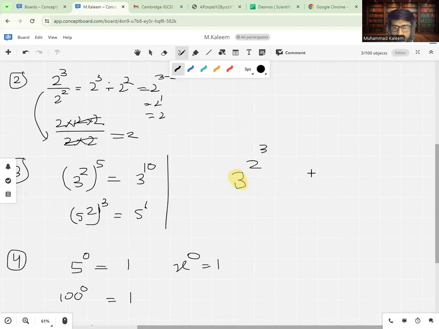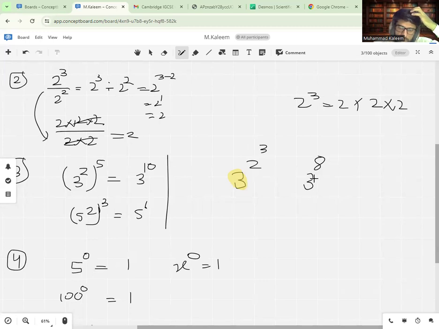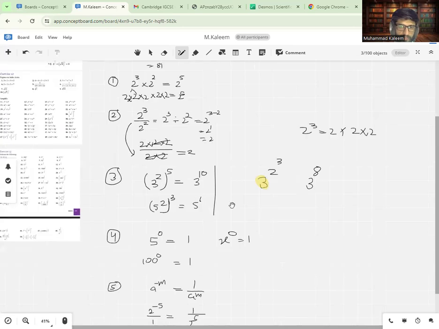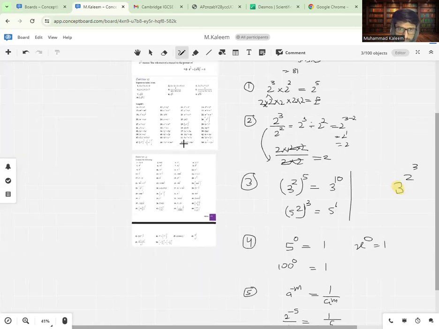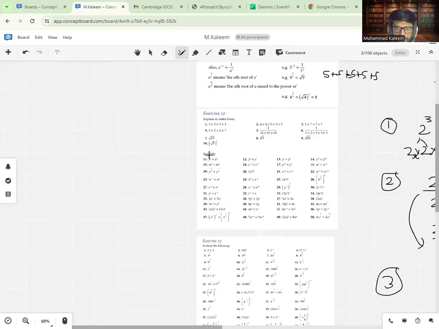It means 2 times 2 times 2. Here we don't have to multiply the indices. We just have to find it by using the calculator or manually: 2 times 2 is 4, and 4 times 2 is 8. So 3 raised to the power 8. That will be the simple form. That's all.